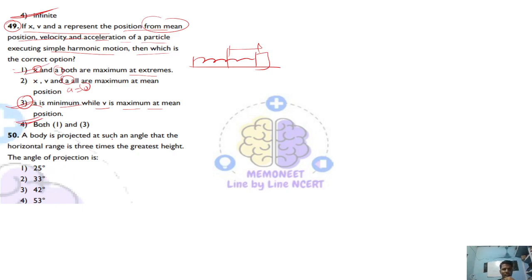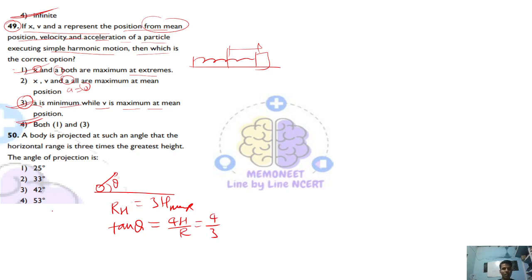Now a body is projected at such an angle that the horizontal range is 3 times the greatest height. You just need to use the formula. Tan theta equals 4h upon R, and when you put it in, it becomes 4 by 3.